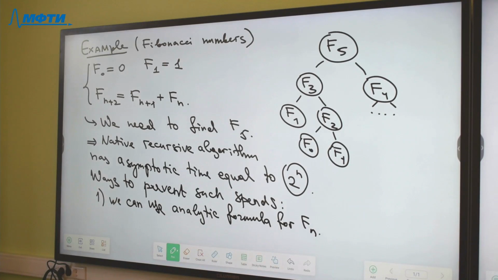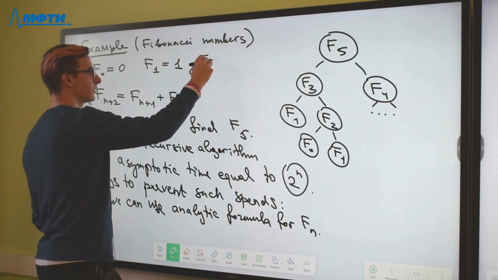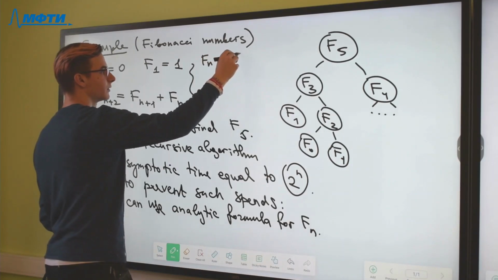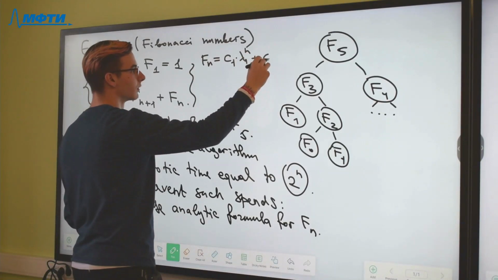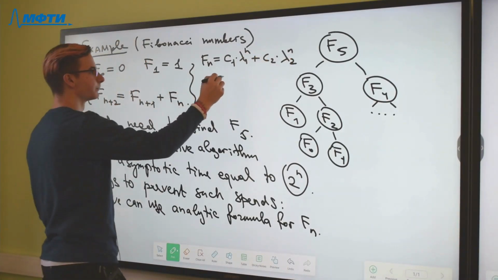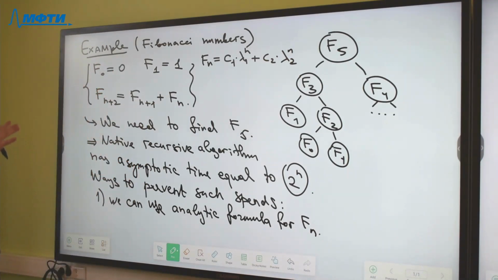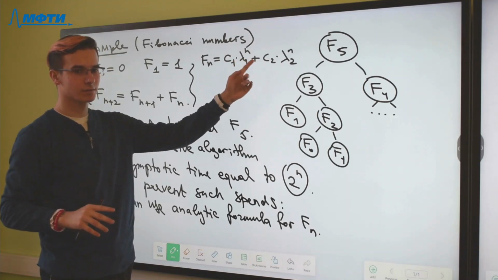Fn is equal to C1 lambda1 to the power n plus C2 lambda2 to the power n, with some coefficients and lambdas.